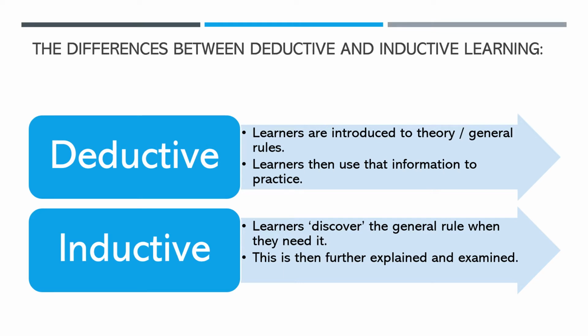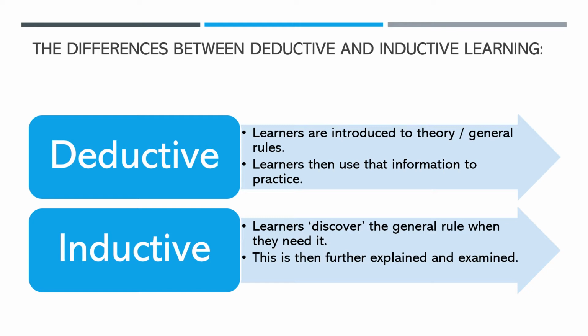Inductive learning is very different. It's literally the reverse. So let's say, for example, you have an article, a report on some recent event, and learners need to understand it. So they work together. There's a key part there.